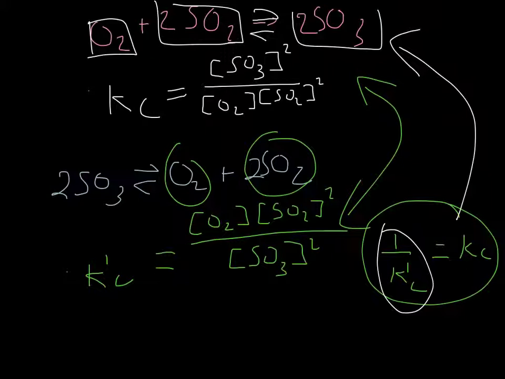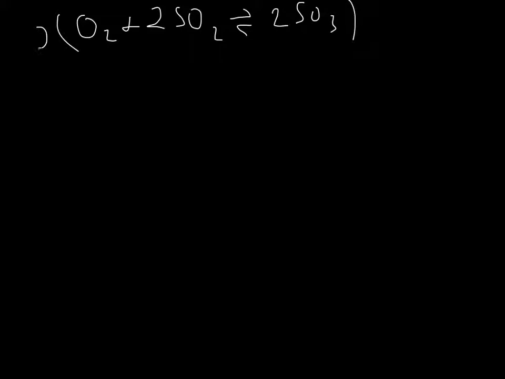So there you go. The book here talks about multiplying or dividing coefficients by a constant. Never seen it before, never used it, but let's imagine we have O2 plus 2SO2 in equilibrium with 2SO3. Let's say we want to multiply this by 2.